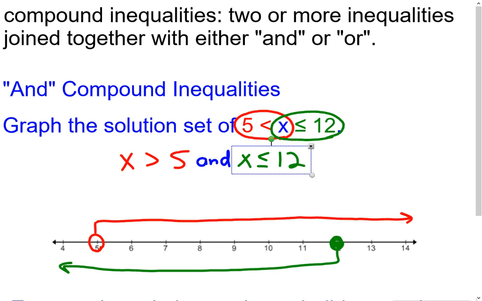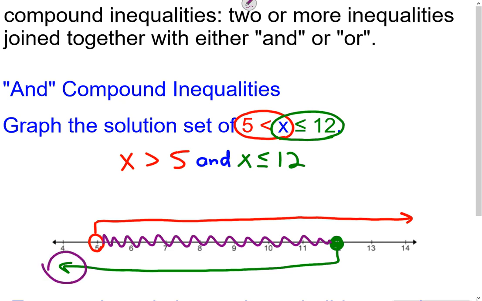And all of those other numbers that are in that double shaded region are our compound inequality solutions. So when I graph it all, I'm really just looking at these solutions here in the double shaded region. These solutions that are out here, that's not a solution, nor are these.